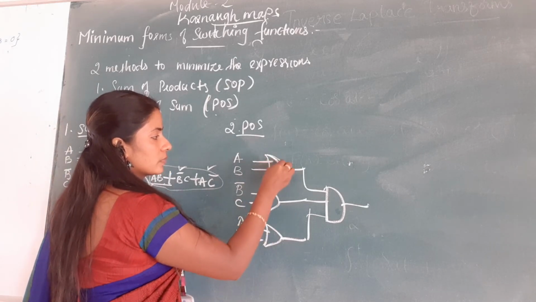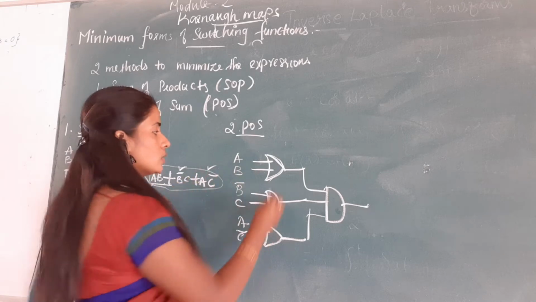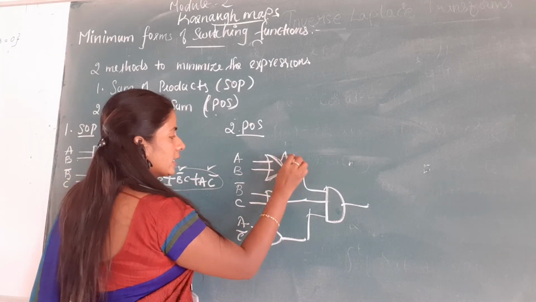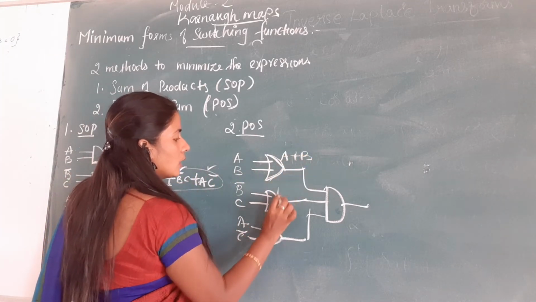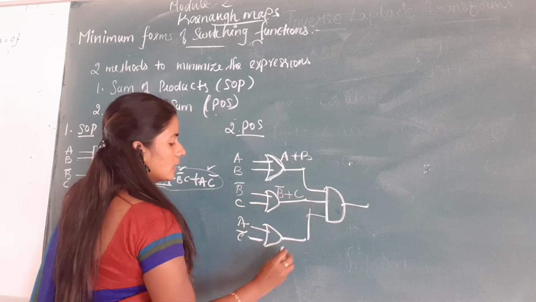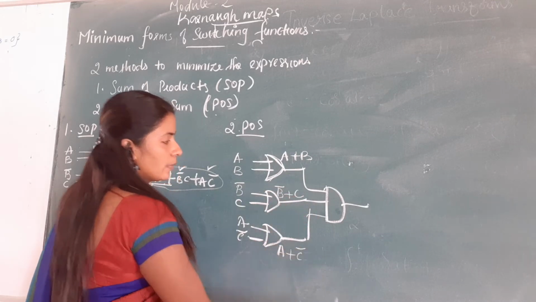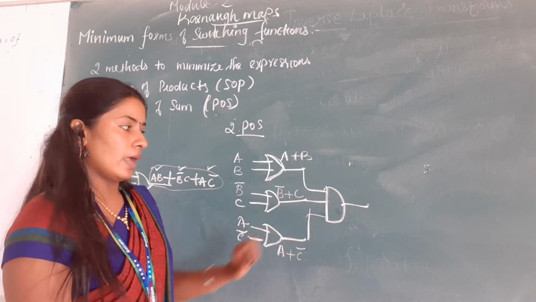The OR gates give the sum of inputs. So the outputs are A plus B, B bar plus C, A plus C bar. In the second stage I have an AND gate.